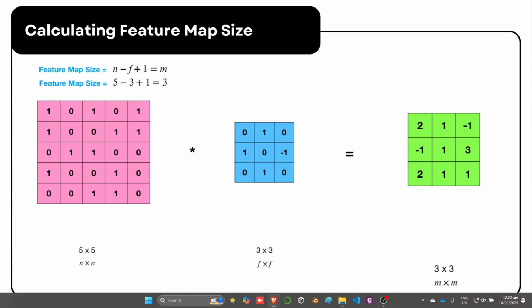We can have images of many different sizes as well as many different size kernels.